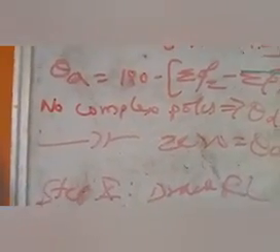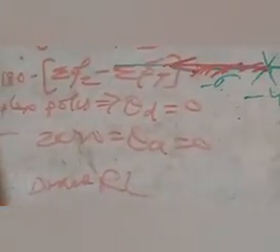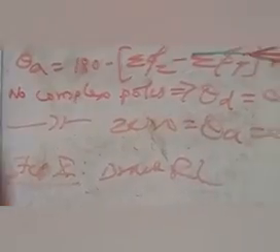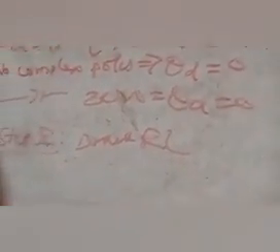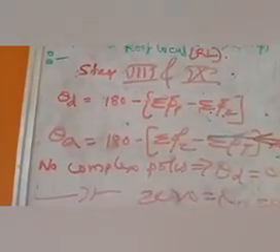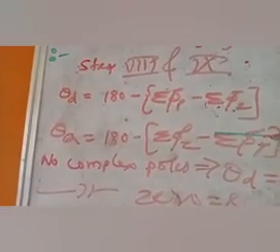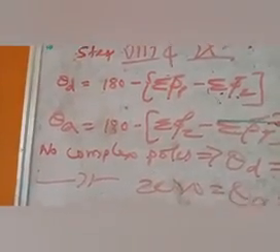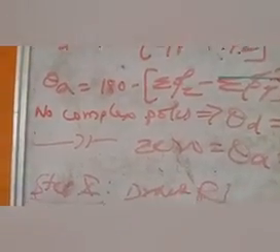Here there are no complex poles, so theta d is equal to 0, and no complex zeros, so theta a is equal to 0. We don't determine these two points, theta d and theta a, because there are no complex poles and zeros.